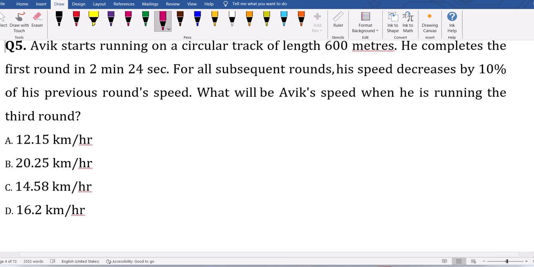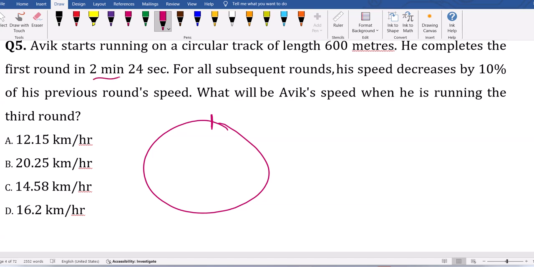See, you are traveling a 600 meters circle. Okay, you are starting here and you come again to the same place. 600 meters you travel. For that you take 2 minutes 24 seconds. But in subsequent rounds, your speed decreased by 10%.